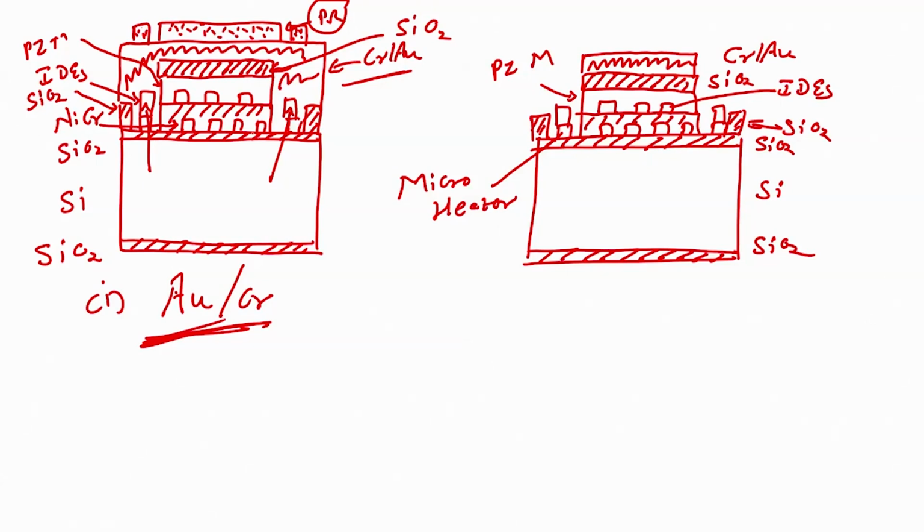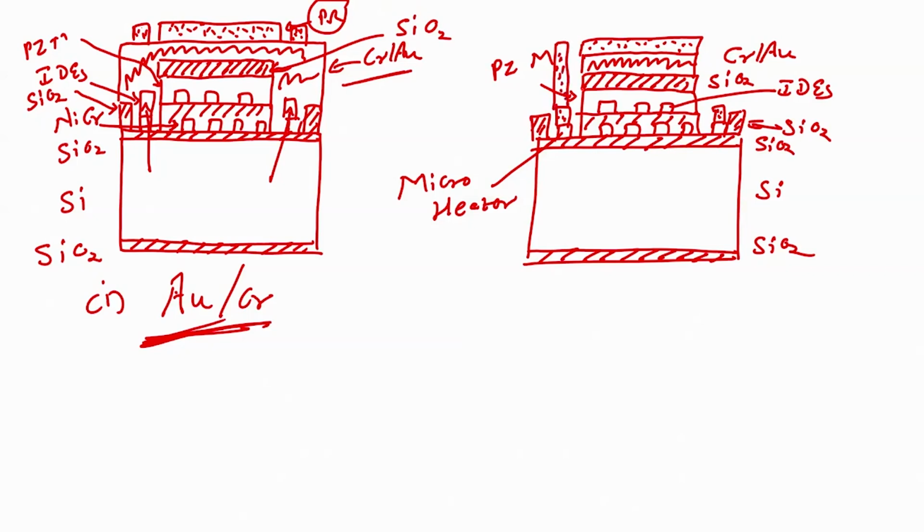And the region which is protected by photoresist, you can see here, you can save. This is your photoresist. This is your chrome gold, and over chrome gold there is a photoresist right over here, and probably right over here.